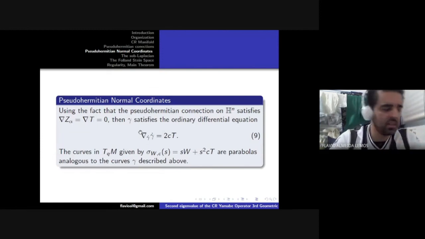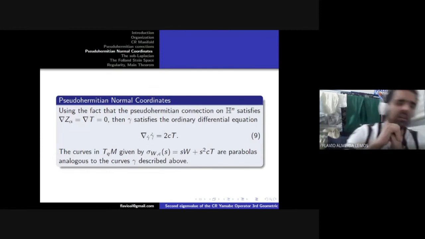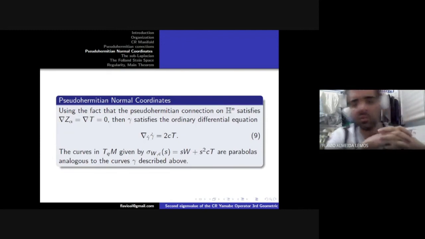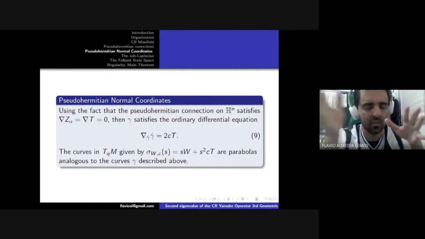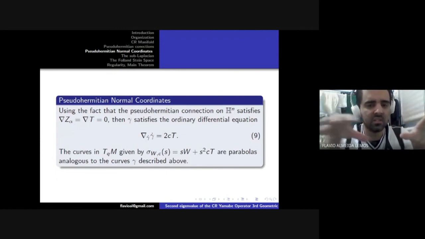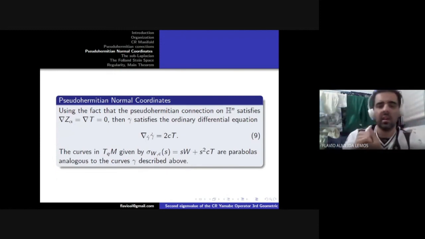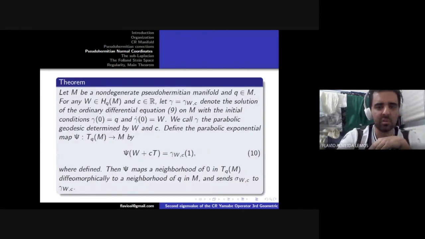The main idea here is to introduce a curve similar to the one we have in the Riemannian context. In the Riemannian context this curve is called the geodesic. In the CR context, this curve is called the parabola.